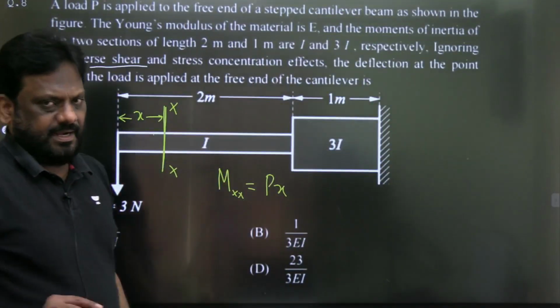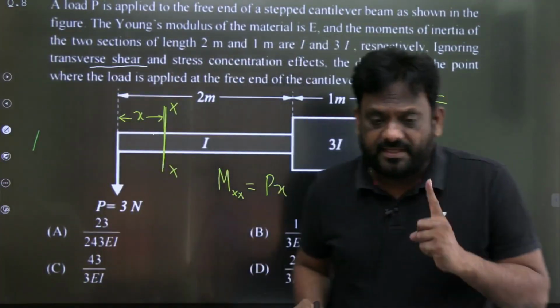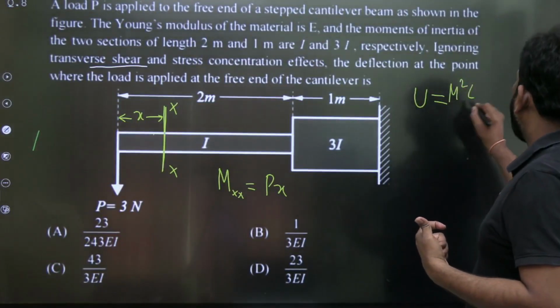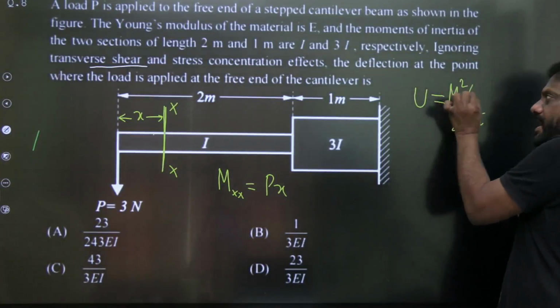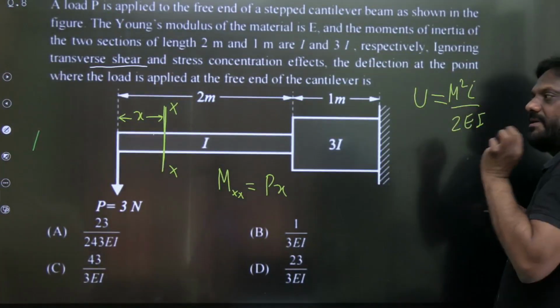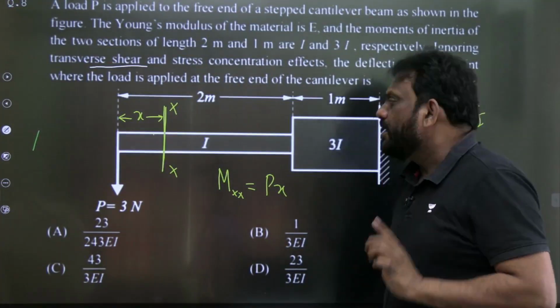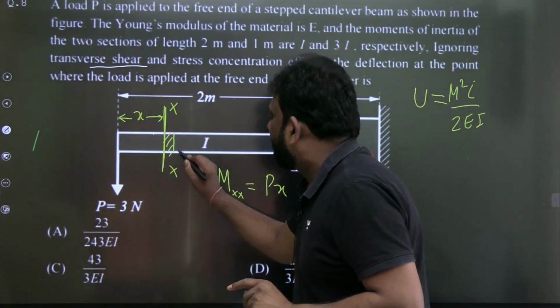And you might have studied the strain energy due to bending. I have already derived these equations. Due to bending, the strain energy is given by M squared L by 2EI, where M is the bending moment throughout the length L. But here the bending moment is not constant throughout the length. So I will take a small length dx.